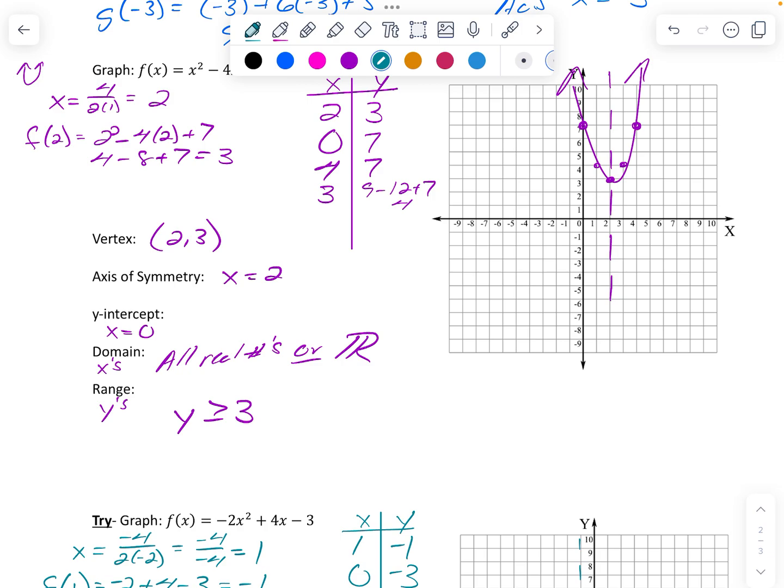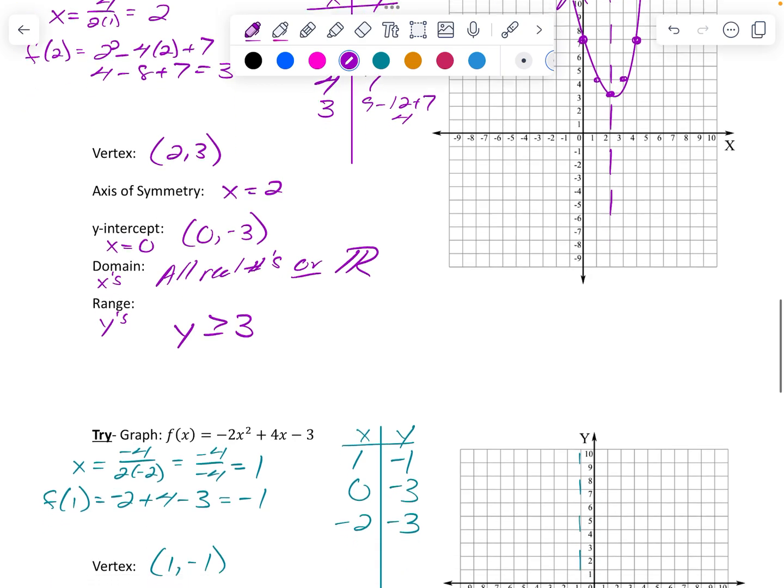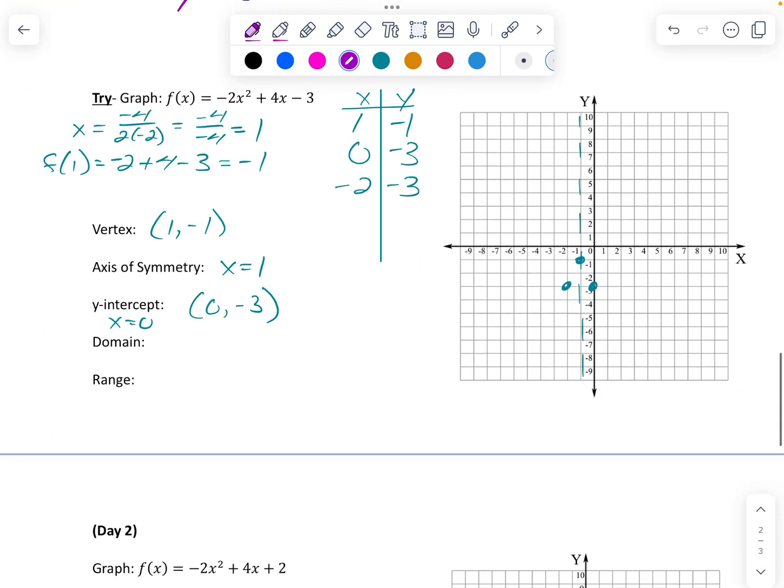Nope, I forgot to write it in. It should be 0, -3 here. We put it on our chart, but not in the graph itself. Now, domain, I said, is always going to be all real numbers. Looking at our graph, with that negative in front, we know it's going to point down, right?